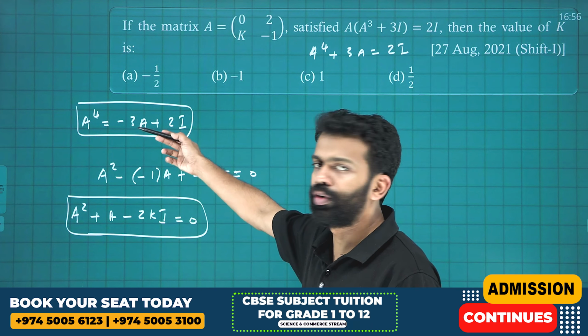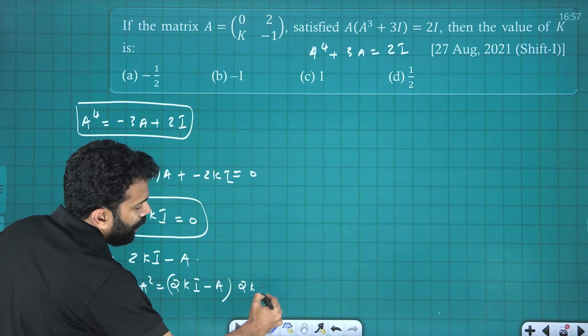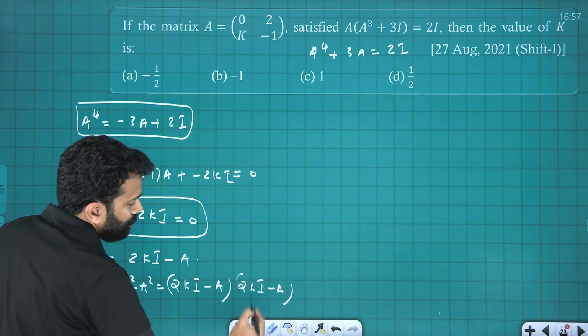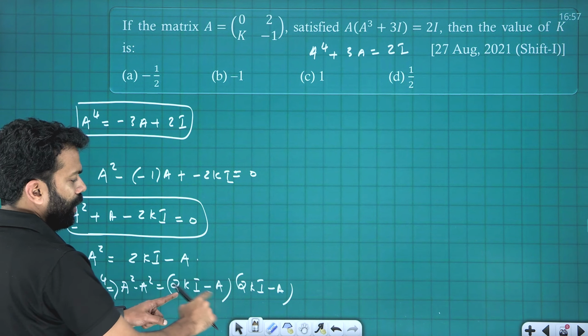So I'm expressing A square in terms of A and I. That is, A square is equal to 2kI minus A. So what will be A raised to 4? That is equal to A square into A square, that is 2kI minus A into 2kI minus A. What is 2k into 2k? 4k square.